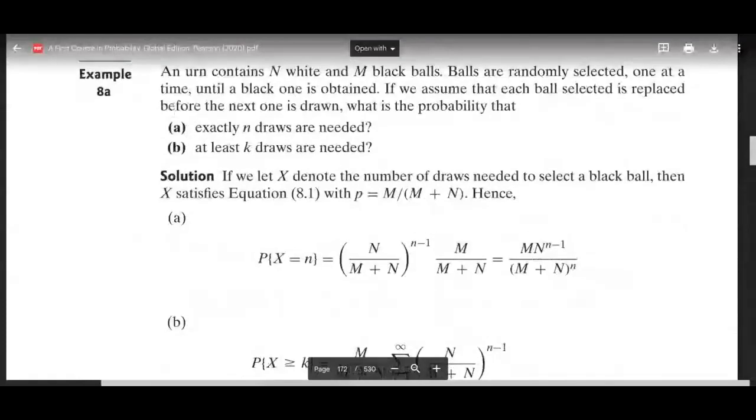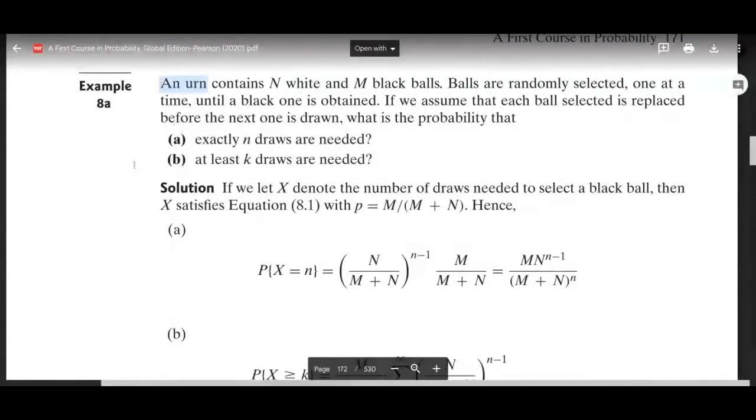Let's do example 8. An urn contains n white and m black balls. Balls are randomly selected one at a time until a black one is obtained.